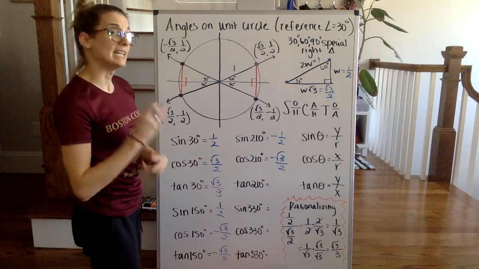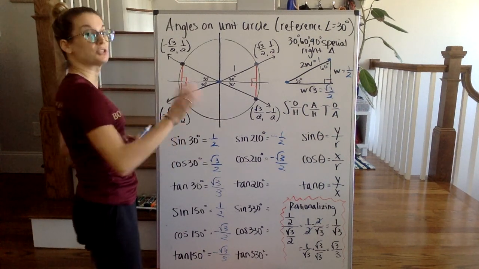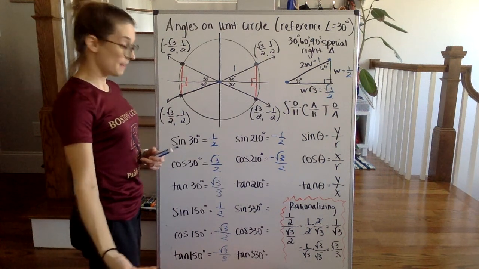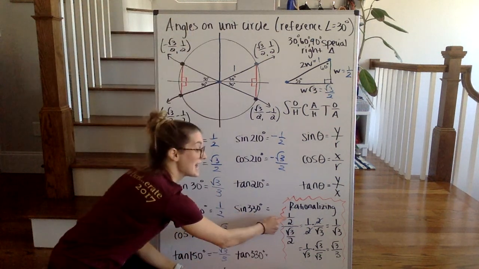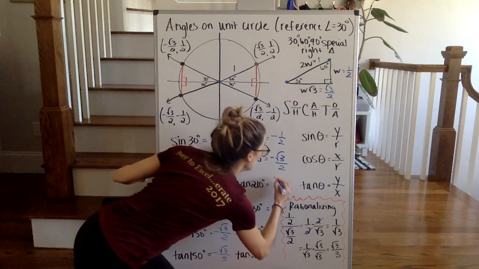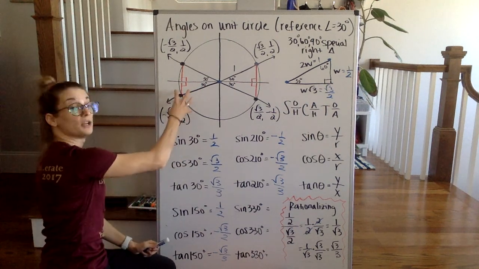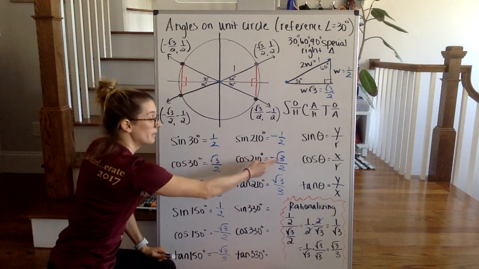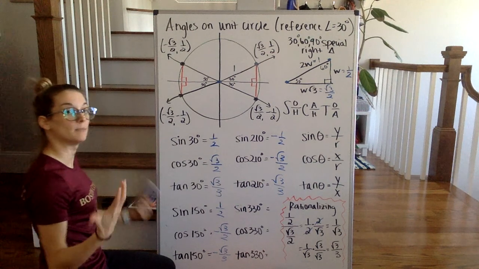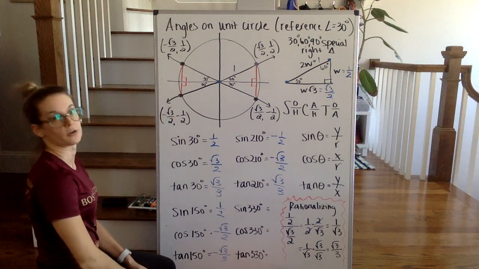And finally, tangent of 210, you're going to be dividing a negative by a negative. It's going to become positive. And therefore, if I divide negative 1/2 divided by negative root 3 over 2, that will be positive root 3 over 3. So notice in quadrant 3, sine is negative, cosine is negative, but tangent actually becomes positive because these two negatives here are going to kind of divide each other away.